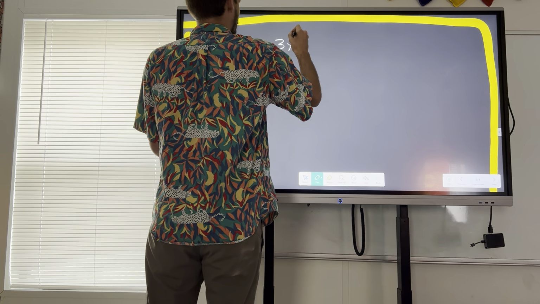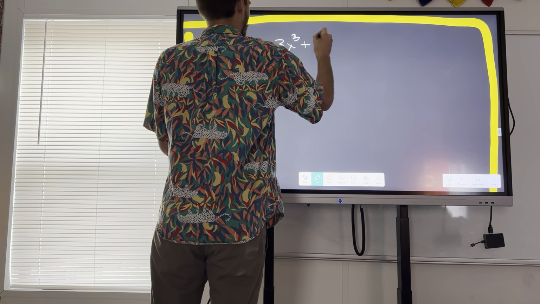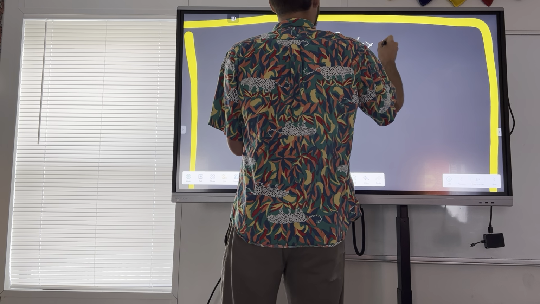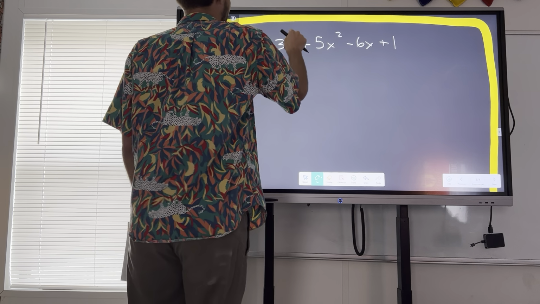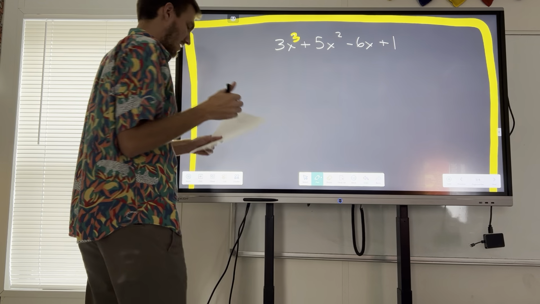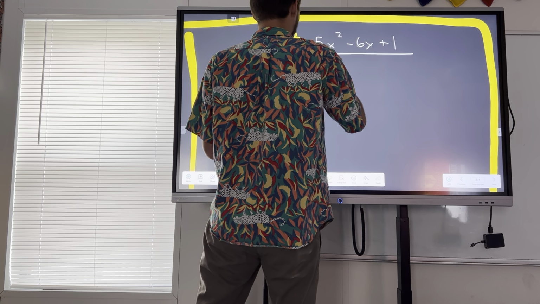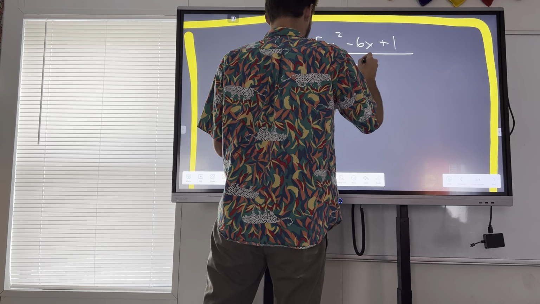3x cubed plus 5x squared minus 6x plus 1, and let's divide that by x squared plus 2x plus 1.